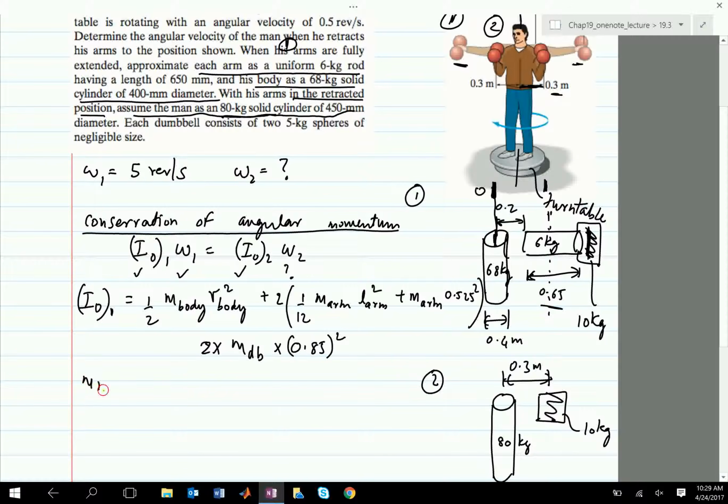So M body is 68, R body is 0.2, M arm is 6, L arm is 0.65, MdB is 10 kilogram, because there are 2 of those clocks in out.